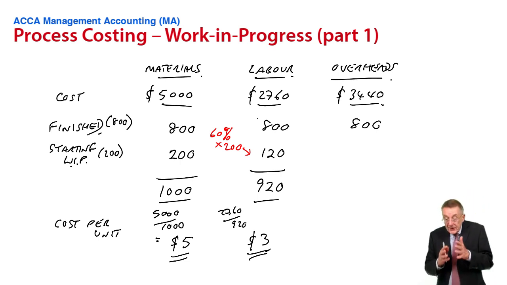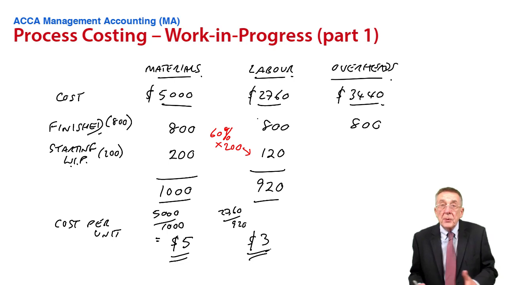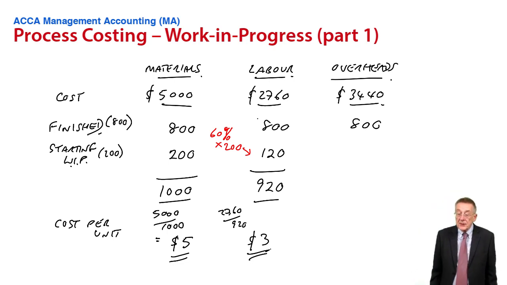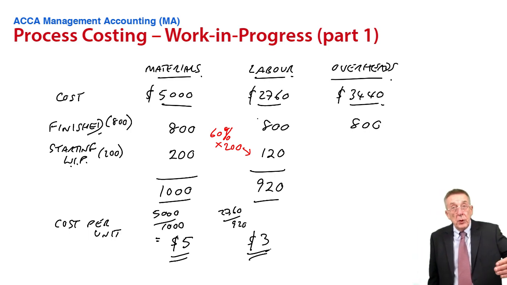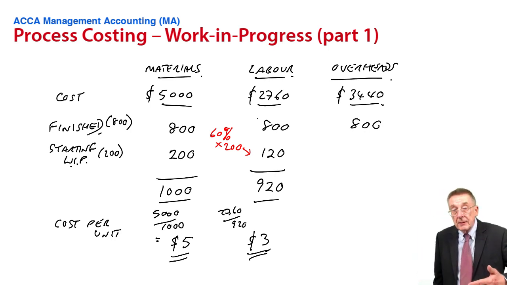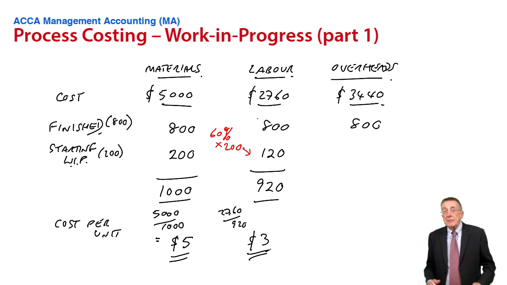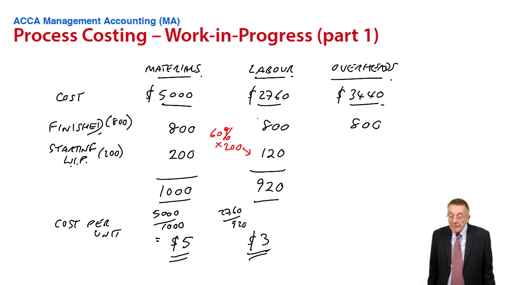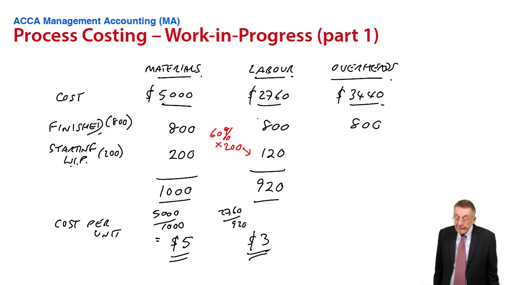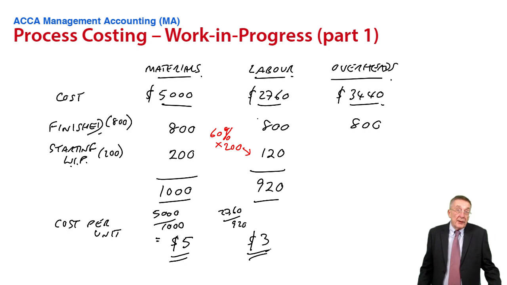Now think about that, because it's that logic that goes all the way through these examples. This idea that doing 60% work on 200 units will be exactly the same cost as doing the full work on 120. What about overheads? That money was spent doing full work on the finished ones, the 800.